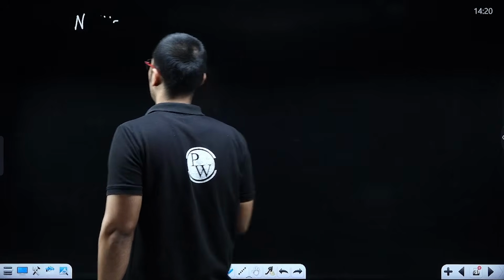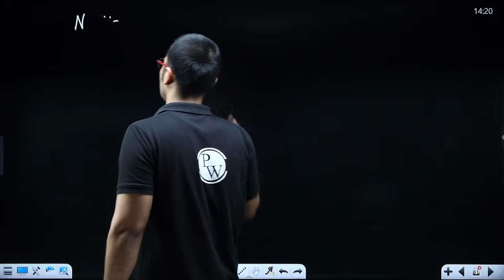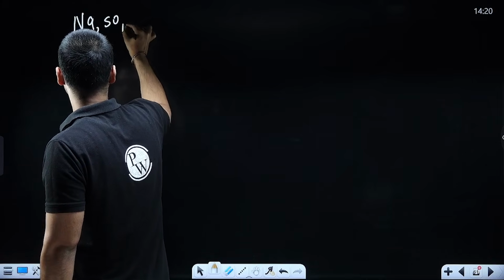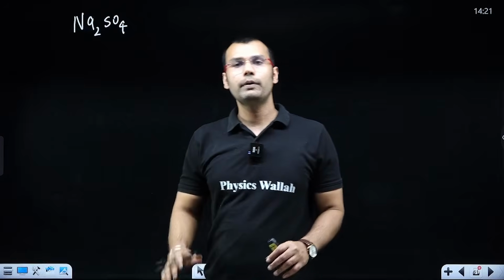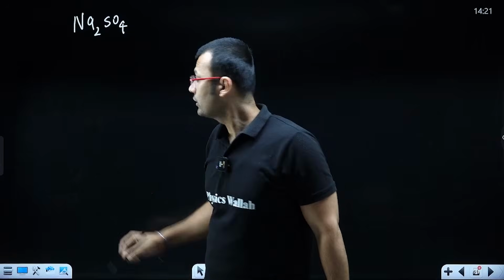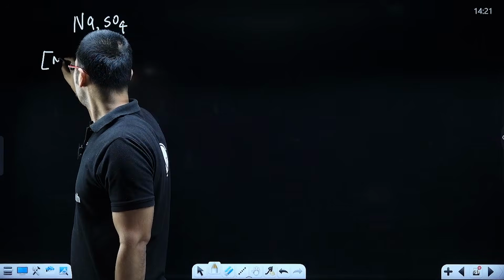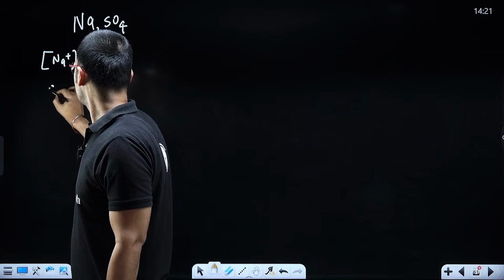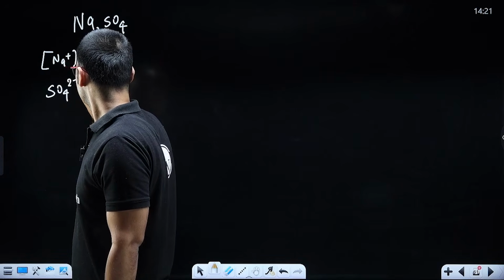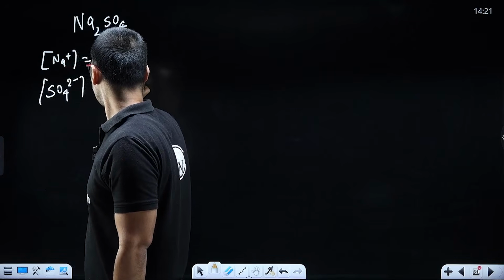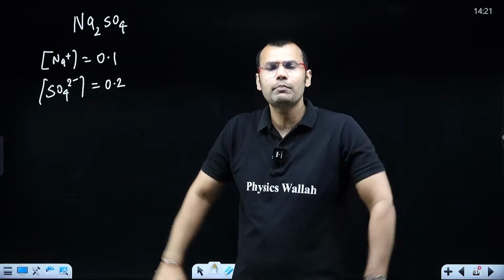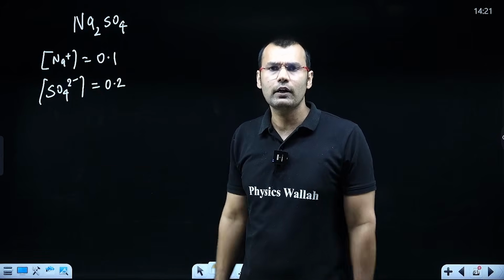Someone says I have prepared a solution of Na2SO4 in which the concentration of Na plus ion is 0.1 and the concentration of sulfate ion is 0.2. If I know the concentration of ions, I can easily find KIP, the ionic product.